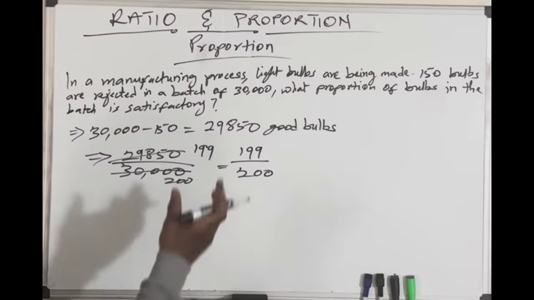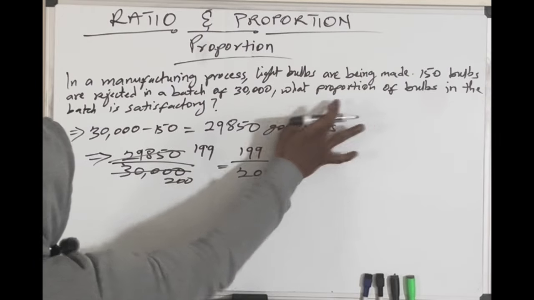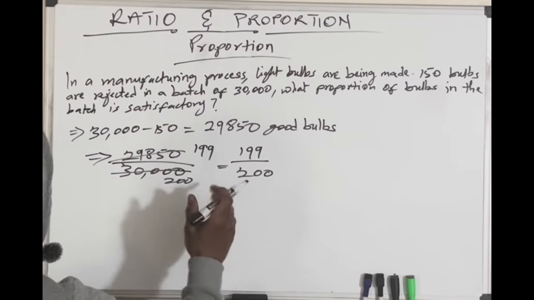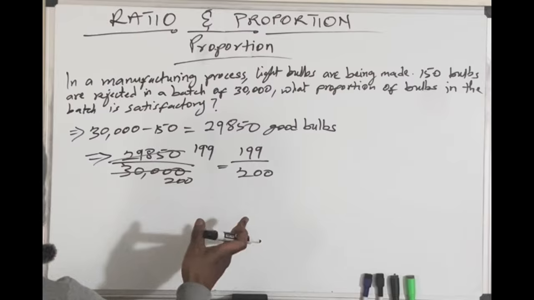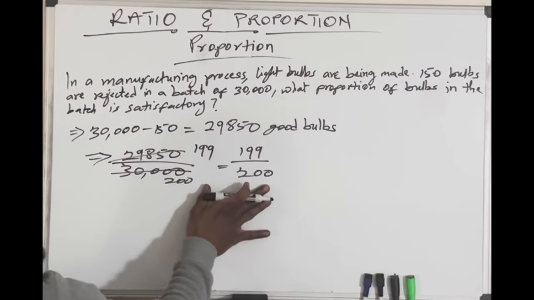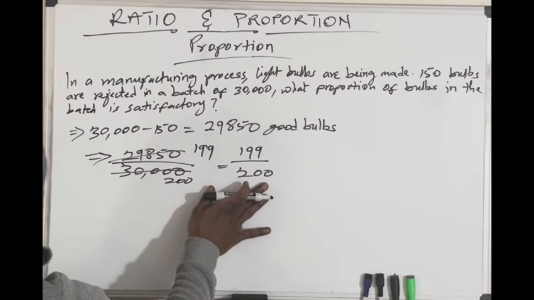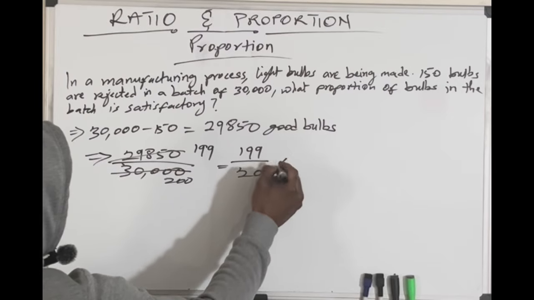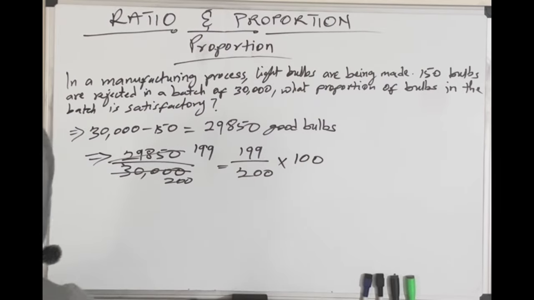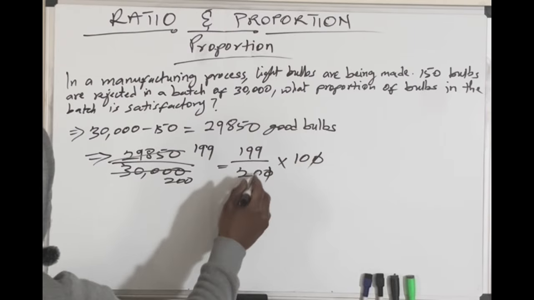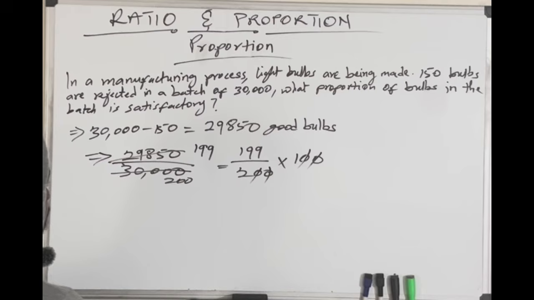But what we are saying is, in proportion, it's useful to always have the answer in percentage form. You can't just leave it like this. So in order to have it in a percentage form, you just easily have to multiply it by what? 100. Very easy. So 0 cancels 0, 0 cancels 0.